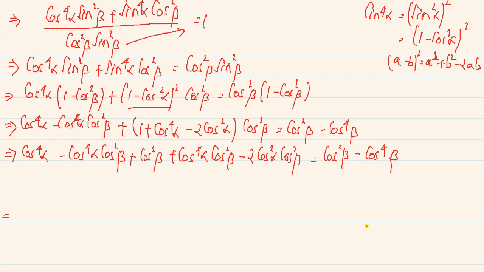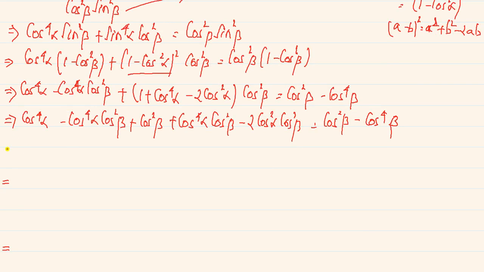Okay, இப்போ minus cos to the power of 4 alpha cos square beta plus cos to the power of 4 alpha cos square beta get cancelled.